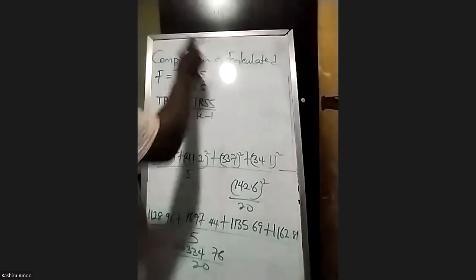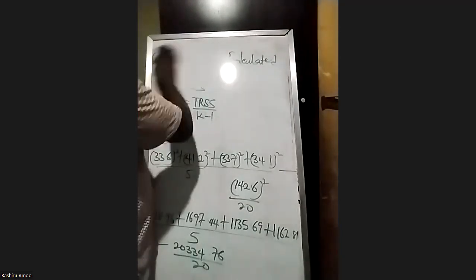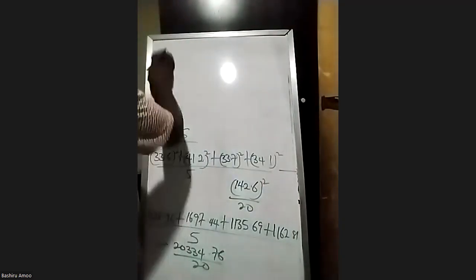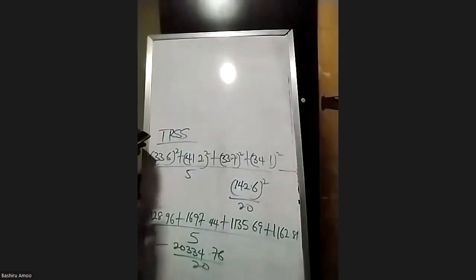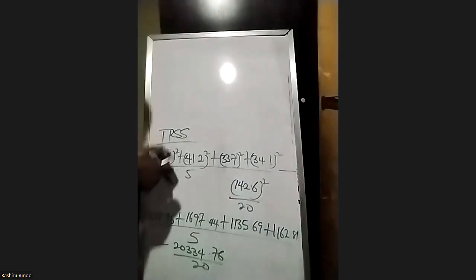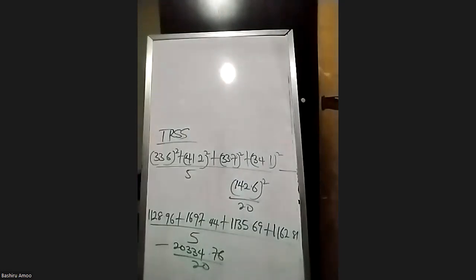All over 20. So let's bring it up. Then add this together, we have 1128.96 plus 1674.44 plus 1135.69 plus 1162.81.